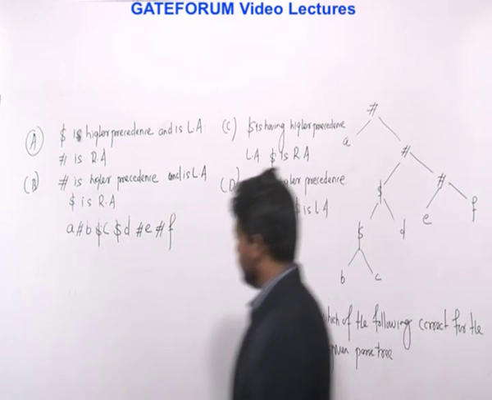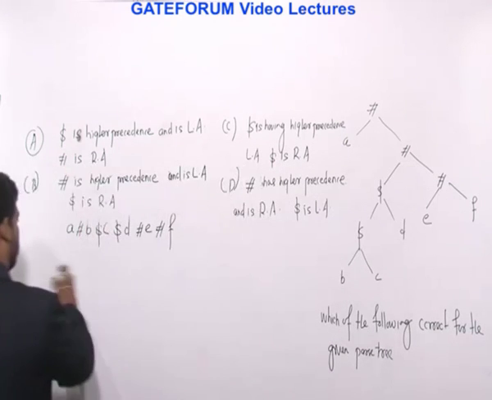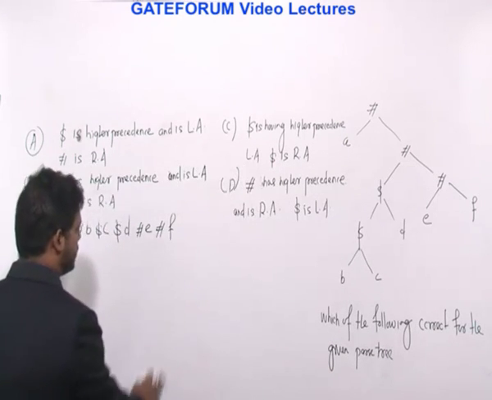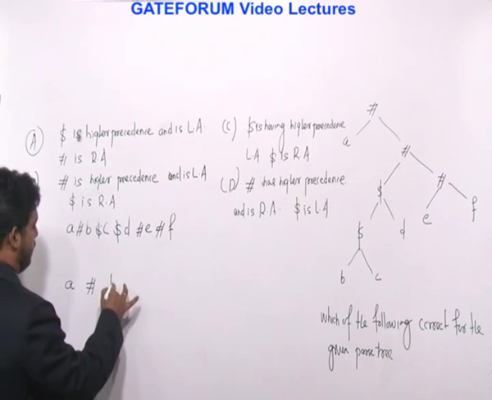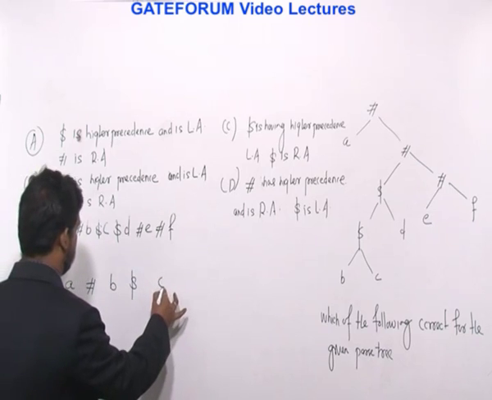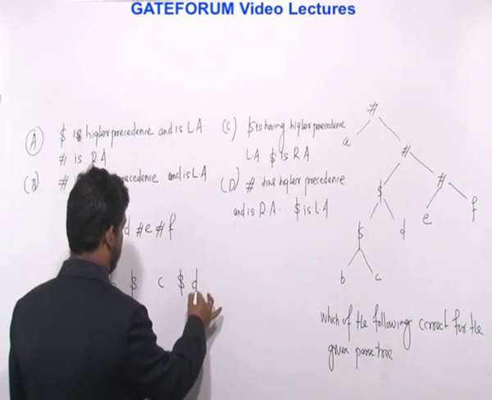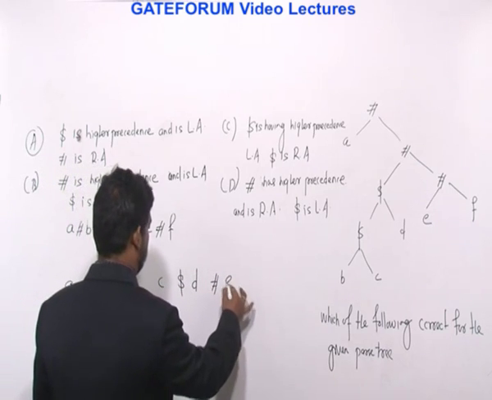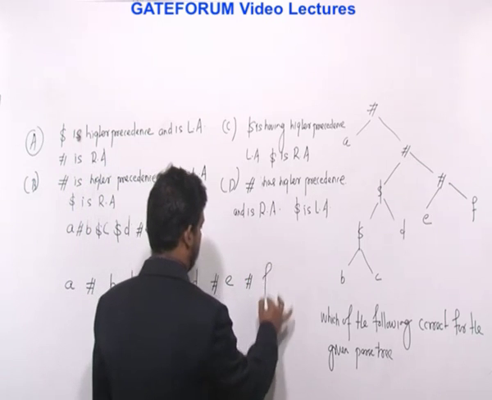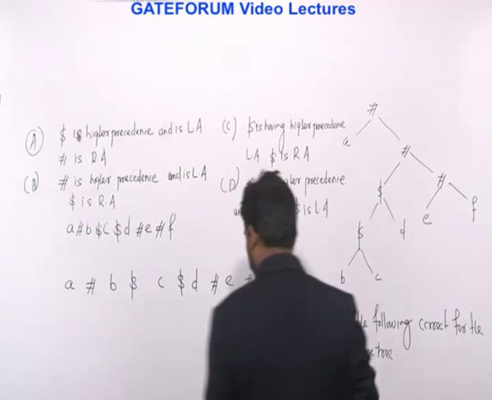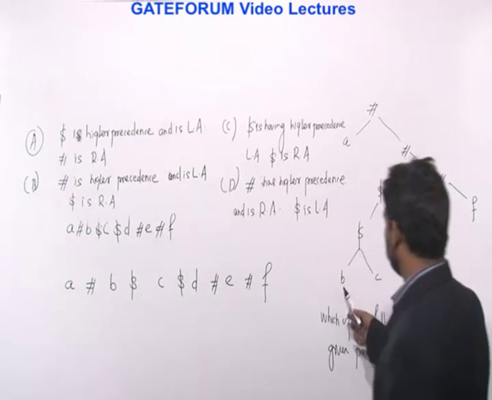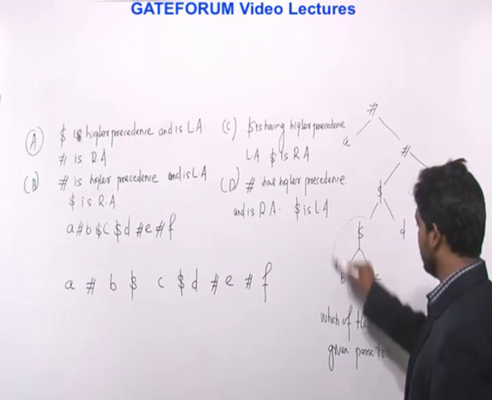Now for that we need to understand the parse tree. The parenthesization is A hash B dollar C dollar D hash E hash F. The first thing is B dollar C, this is the subtree.